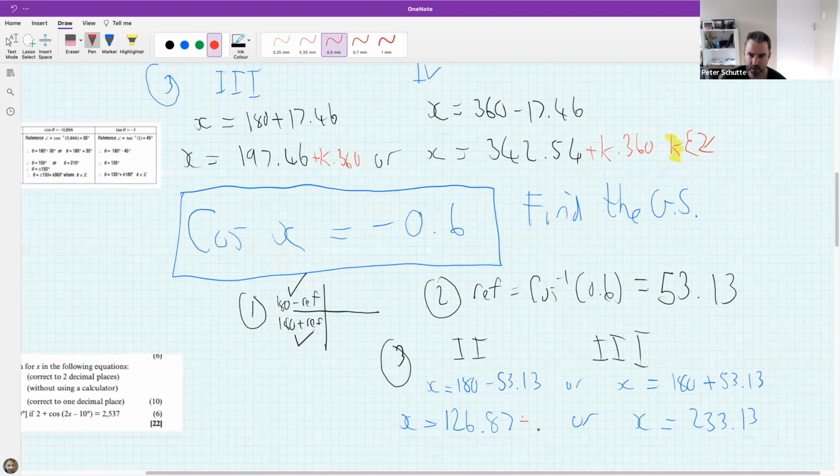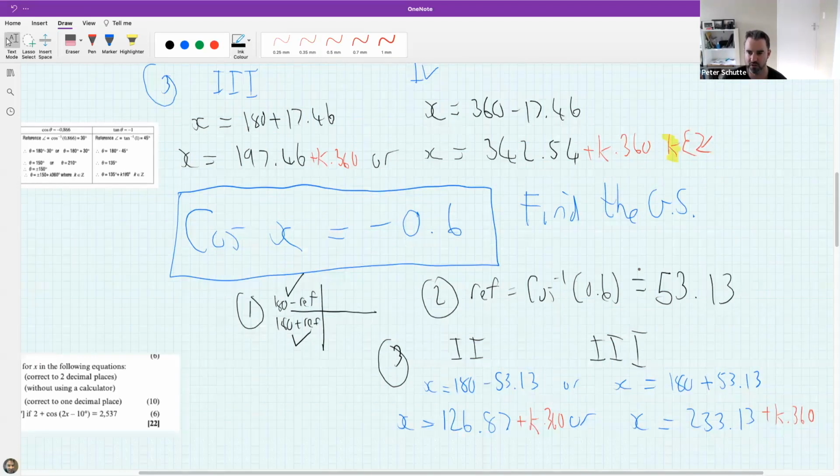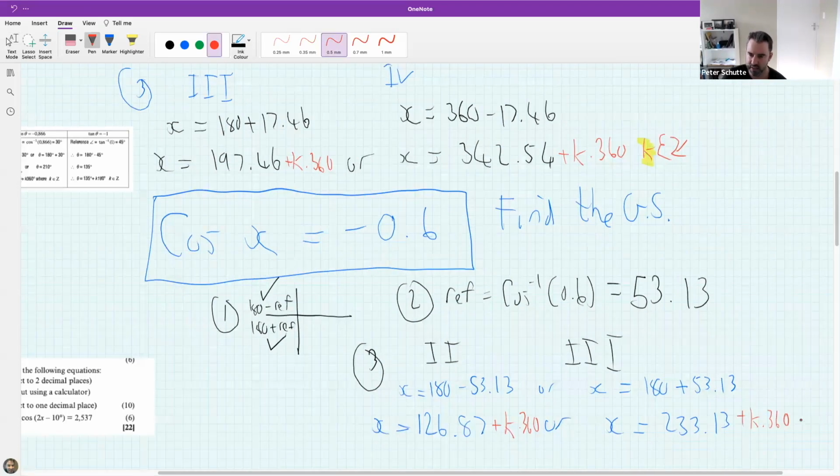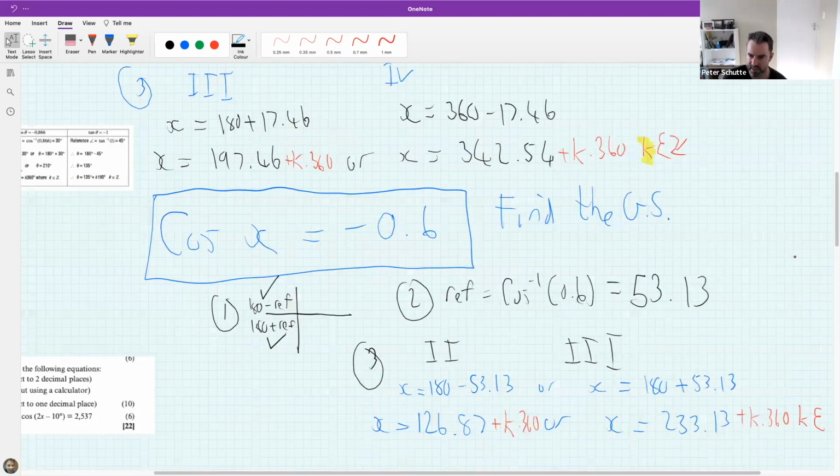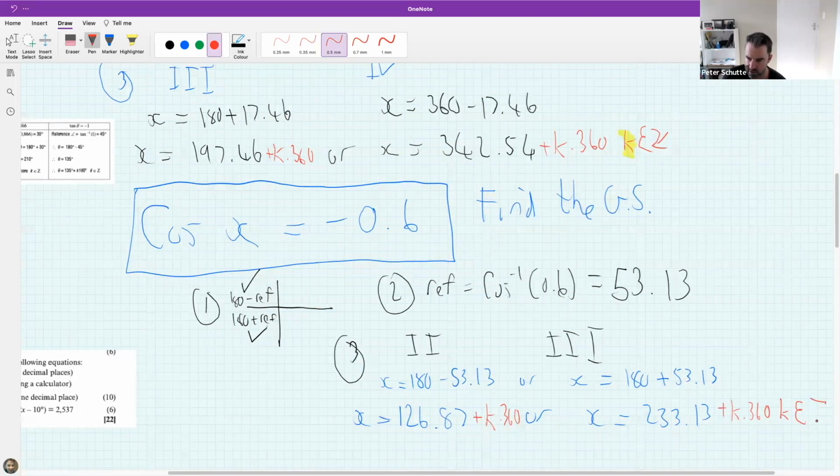So because the period of the cos graph is 360, we add on that it can have answers that are multiples of 360, and then we tell my marker that that k is an element of the set of numbers called the integers. And their symbol looks a bit like the Zorro symbol, but it's a Z with an extra line.